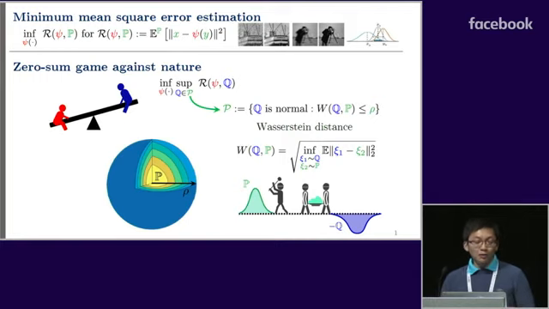The squared Wasserstein distance between Q and P can be defined as the minimum transportation cost of moving Q to P, where the cost of moving a point mass is given by the squared Euclidean distance. More precisely, we define our ambiguity set as a Wasserstein ball with radius rho that contains only normal distributions. The proposed distributionally robust estimation problem can be interpreted as a zero-sum game between a statistician and an adversary or nature.